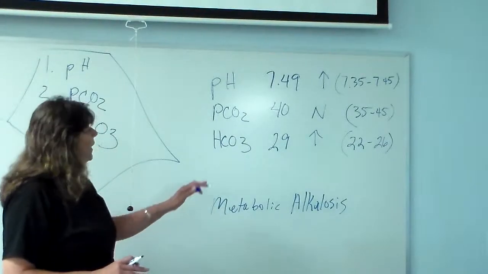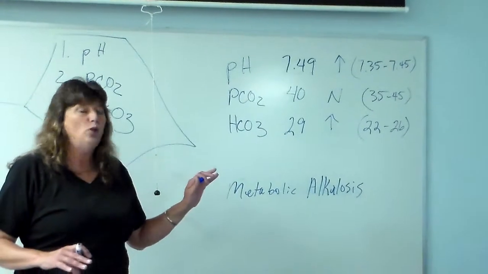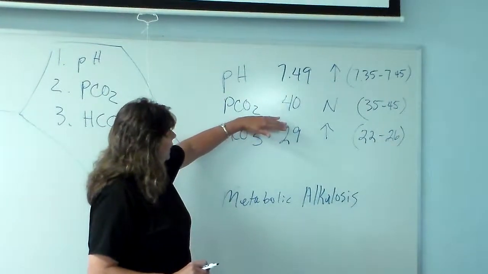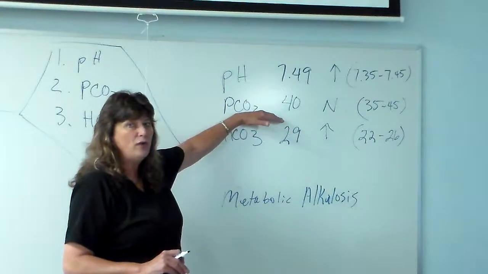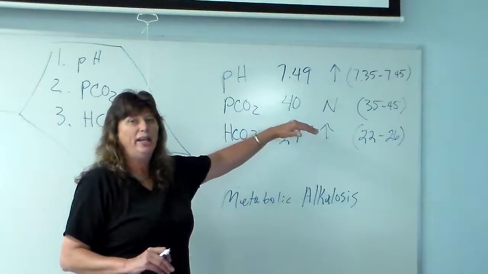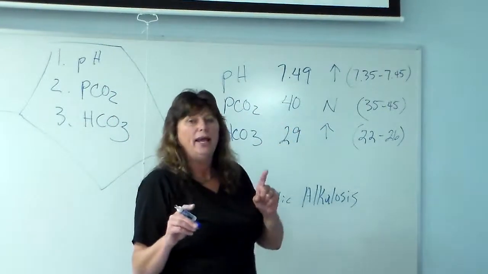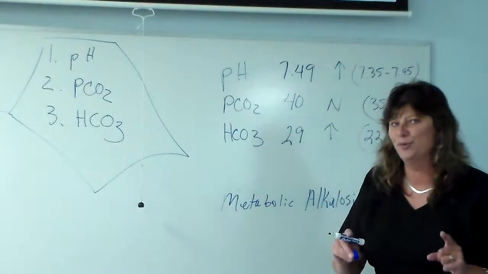Okay? All right. When we compensate, what you will see is the normal number that we've been dealing with so far will begin to change. Okay? But rest assured, it will never change in the direction that it confuses you.